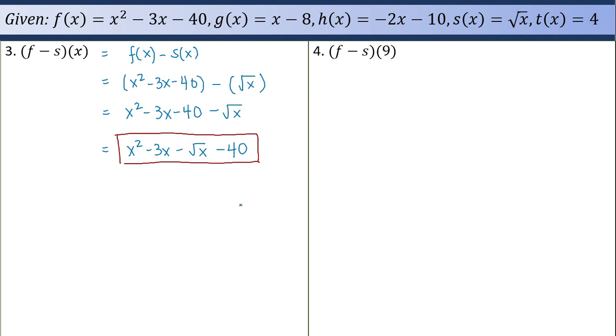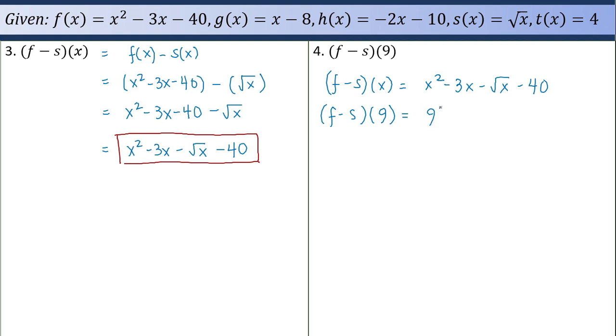Number 4, f minus s of 9. Take note na nasolve na natin sa number 3 ang f minus s of x. At equal yan sa x squared minus 3x minus square root of x minus 40. Diba? Kaya ang gagawin na lang natin ngayon ay isubstitute ang 9 doon sa ating mga x.